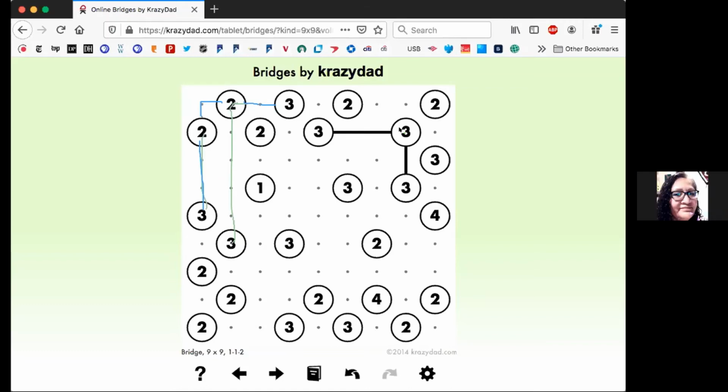Now, one thing that does is it knocks off an option for this 2 up here. Now, let me ask you this. Can I put 2 bridges here? Yeah. Good. I'm not sure if it's going to work though.